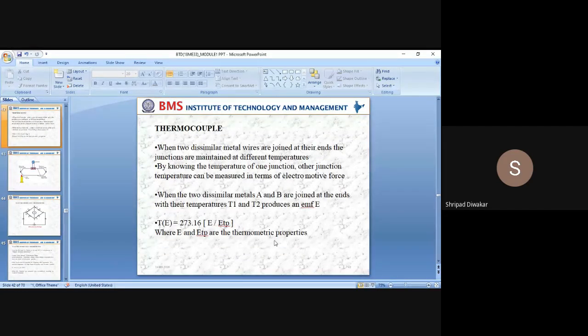As I said, the thermocouple is an instrument used for temperatures in the range of 630.74 to 1064 degrees Celsius.